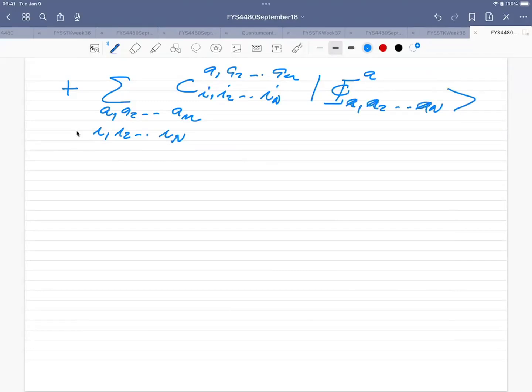Sorry, this is an i. Let me just rewrite it here: I have a1, a2 up to a little n. These are going to lead to different types of truncations.